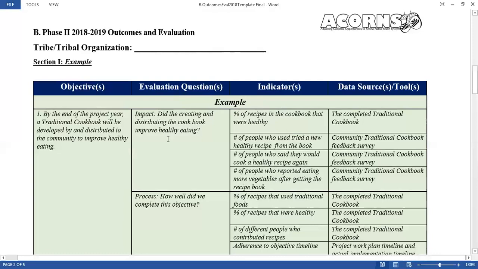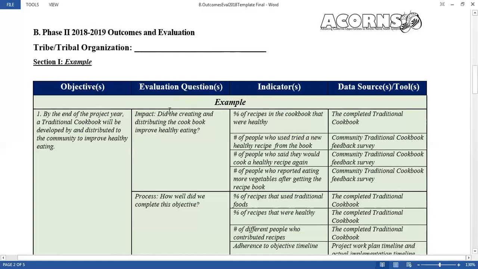So we'll go through this example, and then we'll look at the actual template that you'll be filling out for section 1. So this is the objective example. Here are some example evaluation questions. You can do just one evaluation question per objective, or you can do multiple evaluation questions per objective.